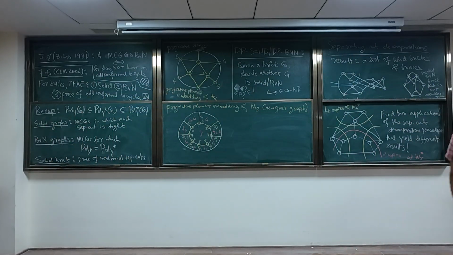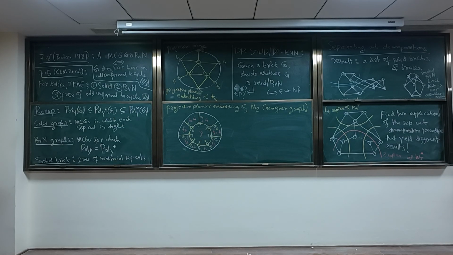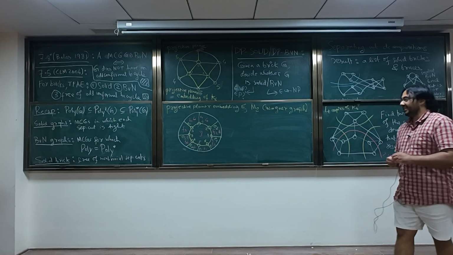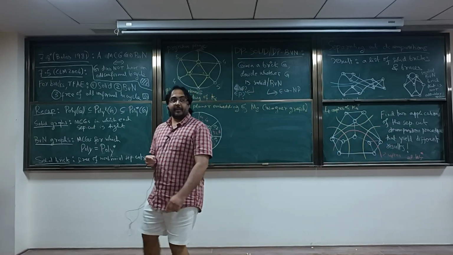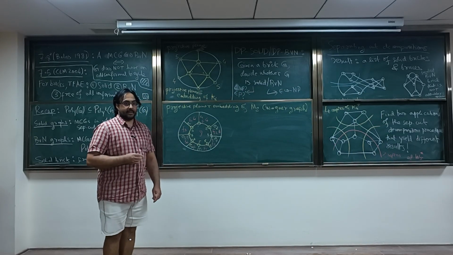This is a projective planar embedding of M8, and every face has even length. There are no odd faces. Turns out, such a graph is always going to be odd-intercyclic.